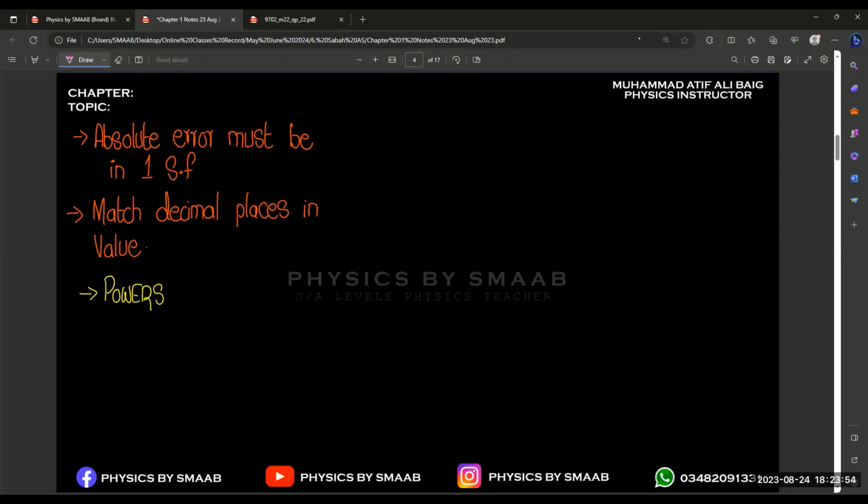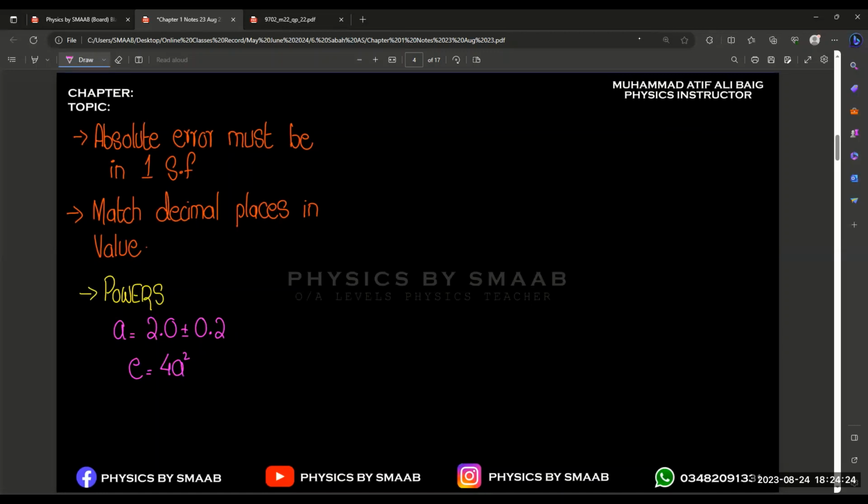So let's suppose we have a value A equals 2.0 plus minus 0.2, and we need to find the value of E, which is equal to 4A square. So now we have a question in power.